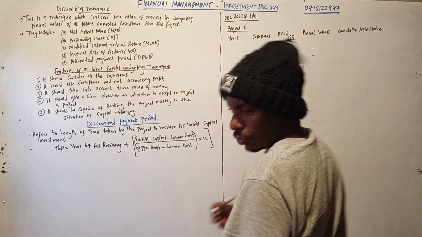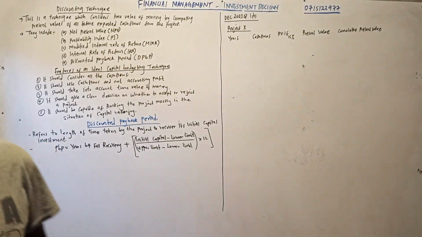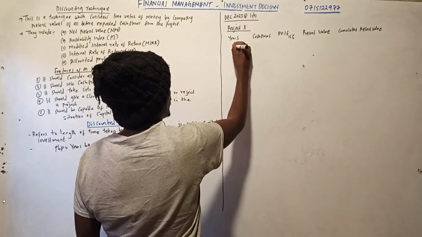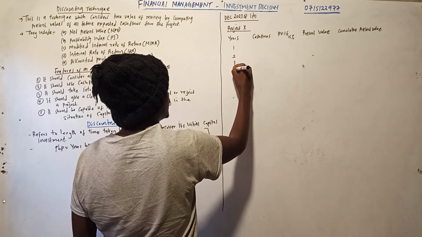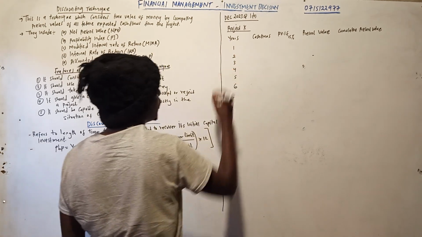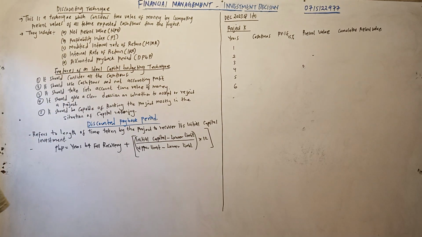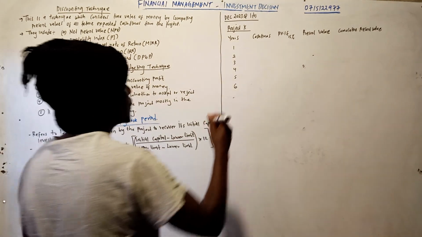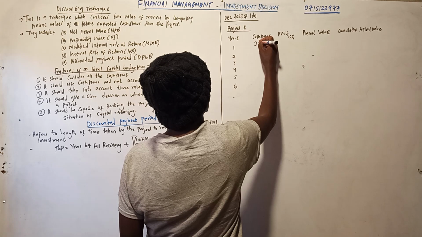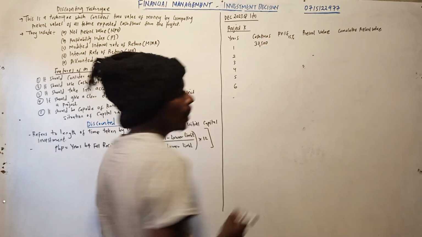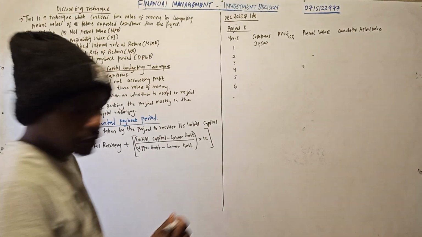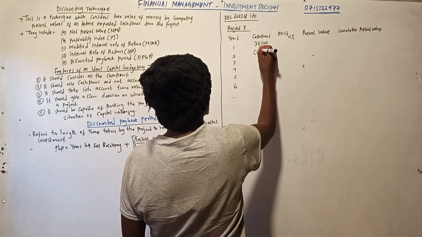So you have from year 1 up to 6. Year 1, 2, 3, 4, 5 and 6. The cash flows we see are 37,500, followed by 16,500, which is negative.